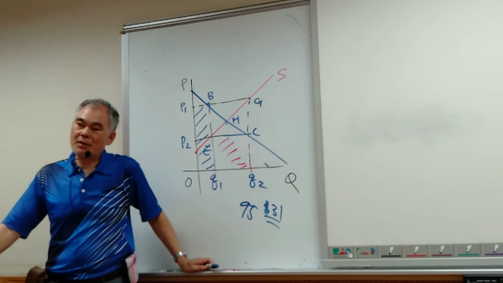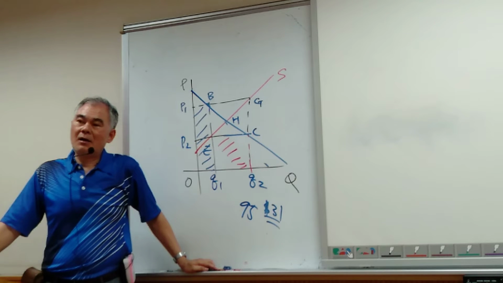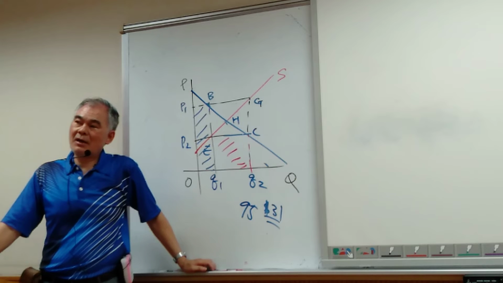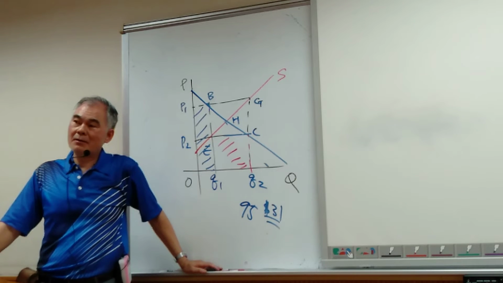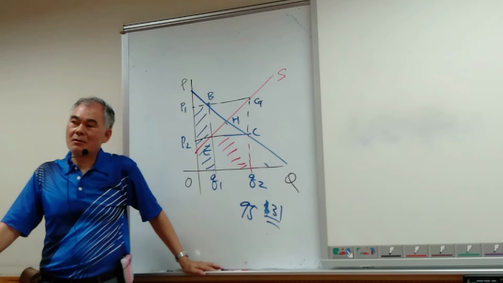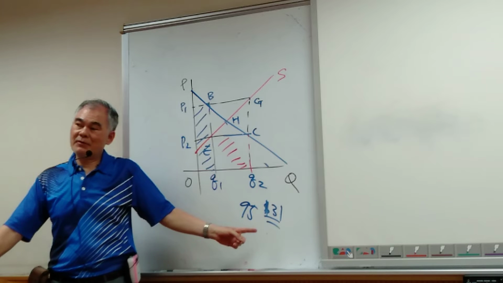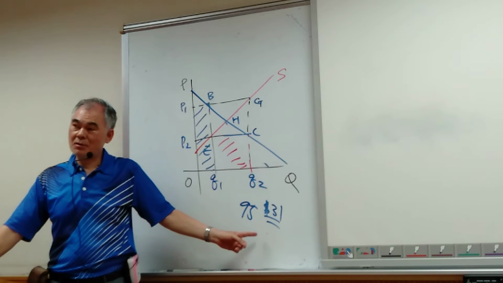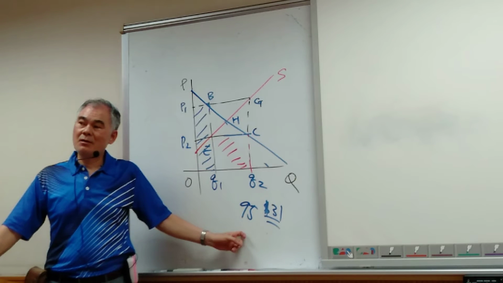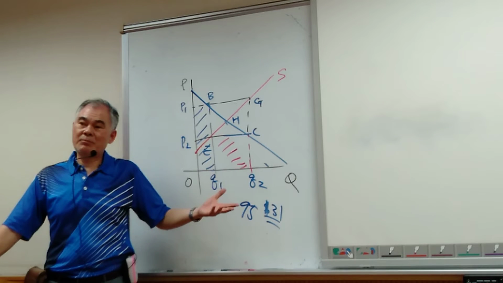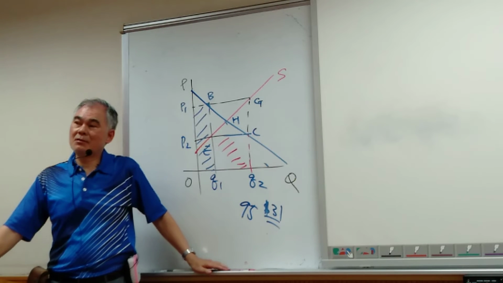If you read the newspaper, Taiwan's oil company has lost 50% of its capital, right? So what does that mean? Even though the price is low, kind of nice to consumers, but what happened to the producer? They lost 50% of the capital. Is it good?